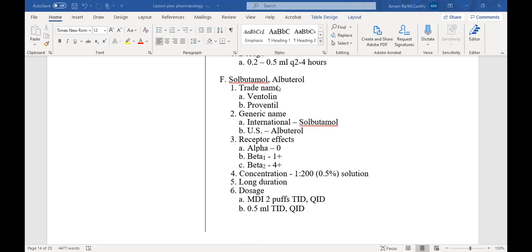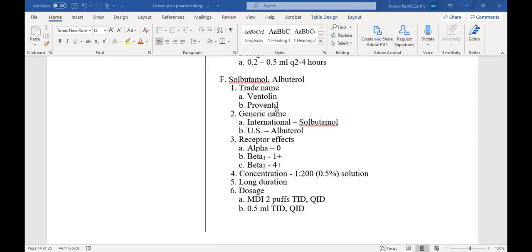In America, albuterol is called albuterol, but anywhere else in the world, it's called salbutamol. So both of those are generic names, okay? This is the American generic and the international generic. The trade names of these are Ventolin and Proventil. Ventolin or Proventil is the trade name for albuterol.